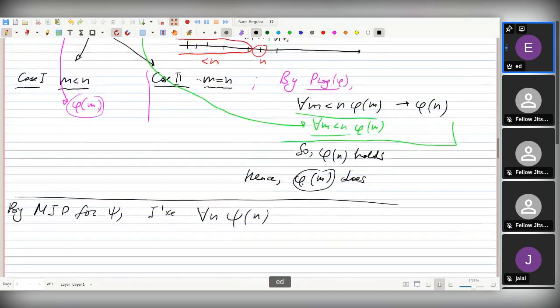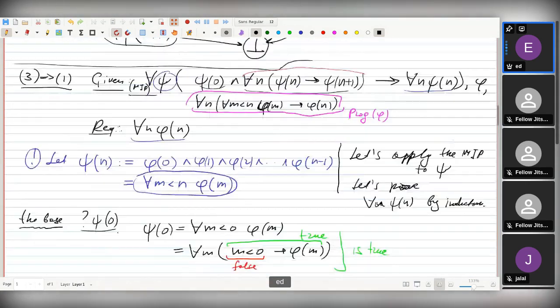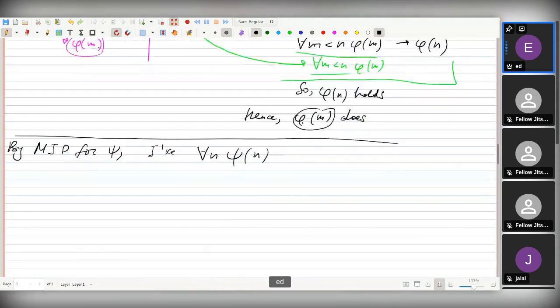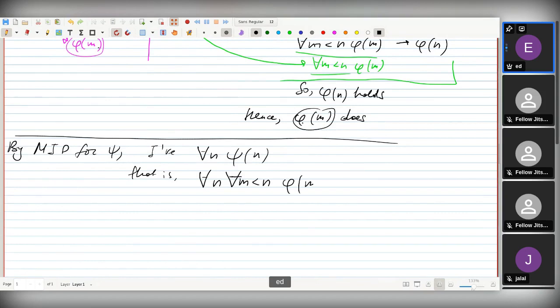But my ultimate goal was not psi of n, but phi of n. But what is psi of n? Psi of n means that for every n, for every m less than n, phi of m holds.